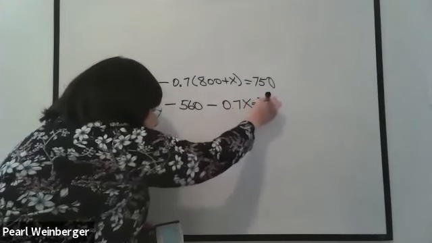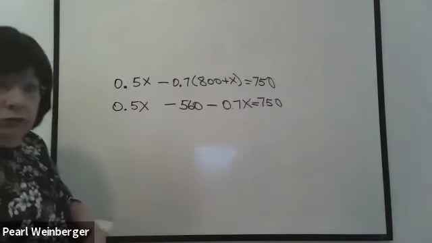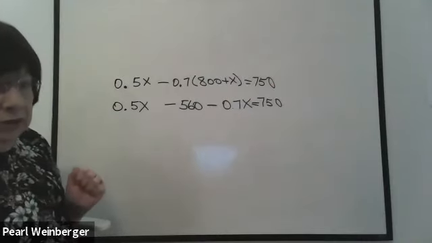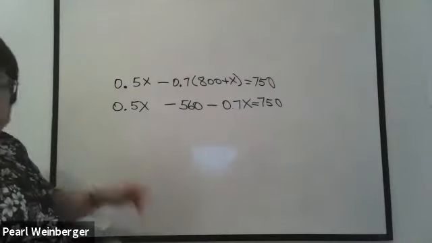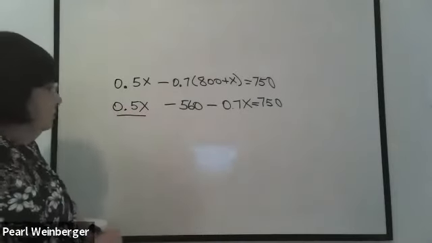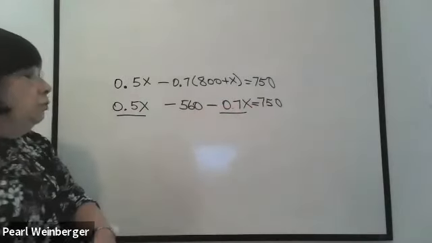And that is going to equal the 750 because there's nothing over there on that side to do. Now I'm going to look for like terms. And I do have like terms. I have a 0.5x and a negative 0.7x.